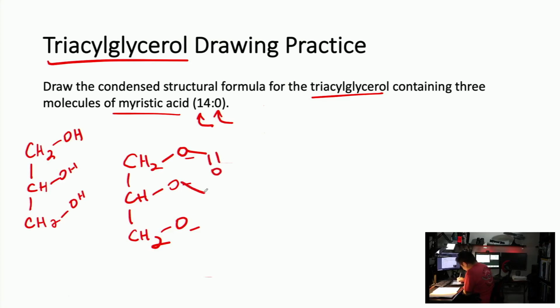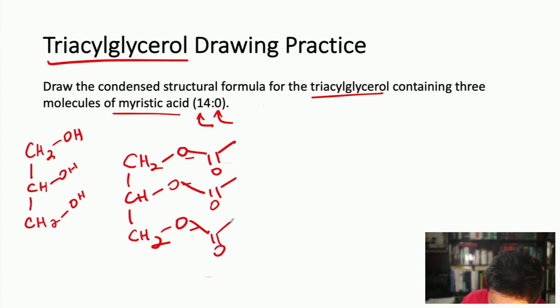The next thing I always draw is the carbonyl part, right? And then 14 carbons long. You have a choice here. You can do it the easy way, which I will do here. You can do one bond up, like that, and then put parentheses CH2, sorry, it was supposed to be 2 and I actually wrote a 1 there, so I'm trying to fix that.